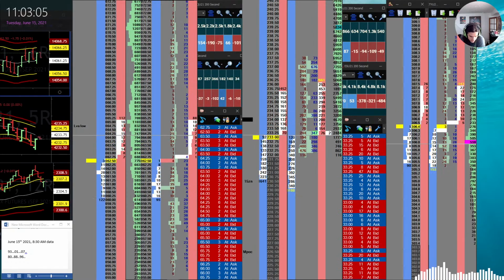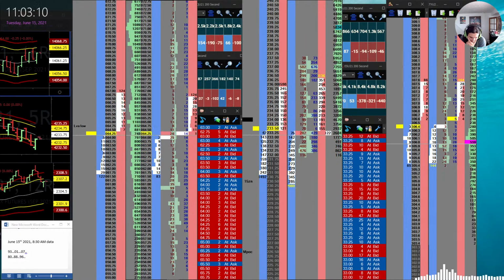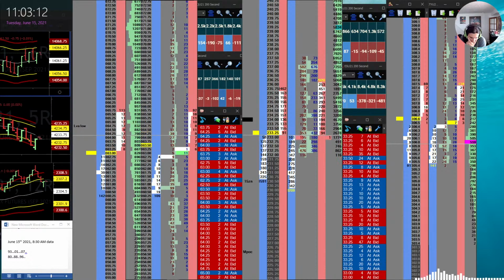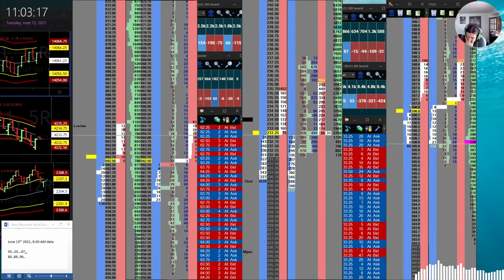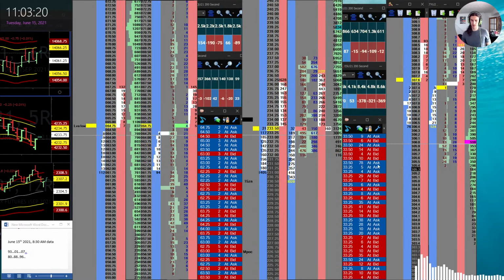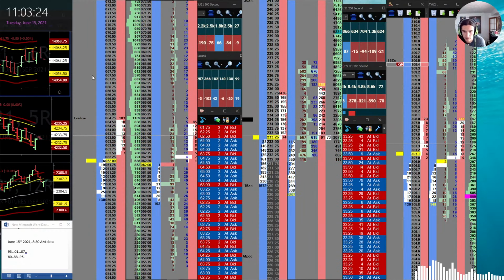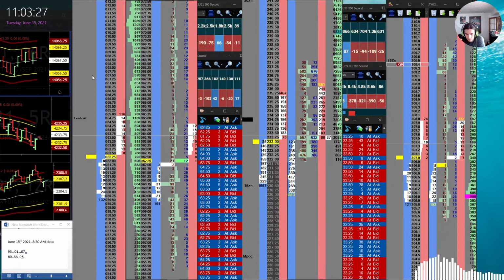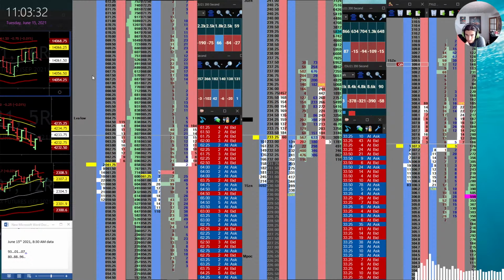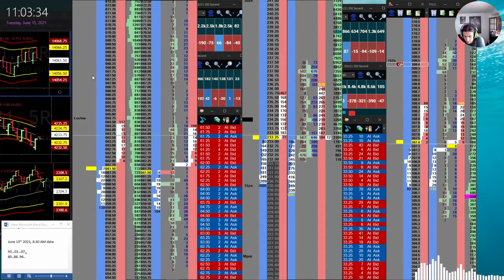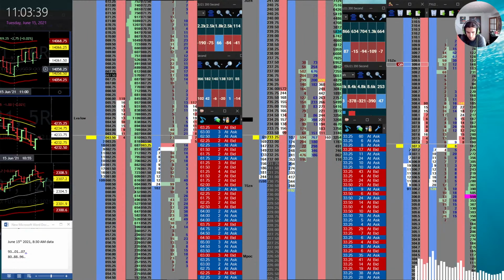Give or take 3 points. 03. Unless we get another nice move up. Market looks weak. Yeah. I don't know. The ruts are in a trading range. The Qs are in a trading range. And the S&P is down like crazy.